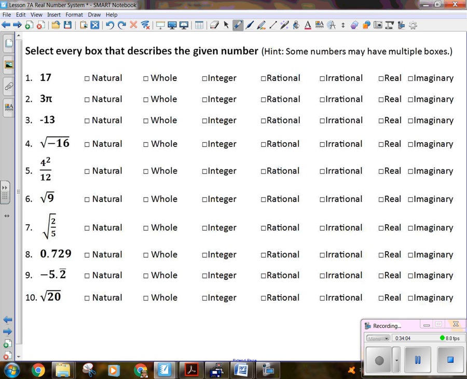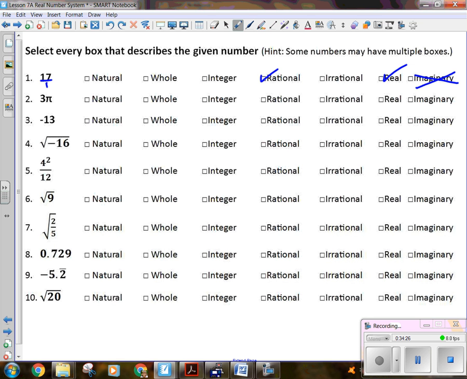Number 1 says 17. Okay, think about 17. First of all, I notice it can be expressed as a fraction. So if I had to pick real or imaginary, well, I don't see an i, so it can't be imaginary, so it must be real. And if I think rational or irrational, well, it can be expressed as a fraction, even if we put 1 on the bottom, so it's definitely rational.